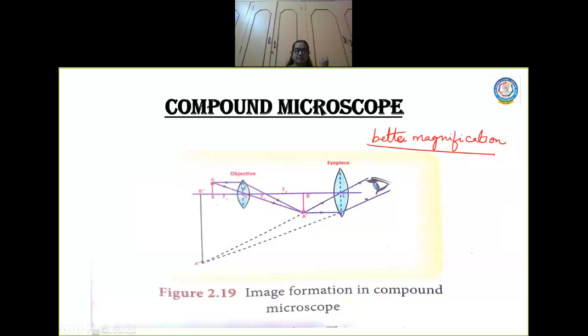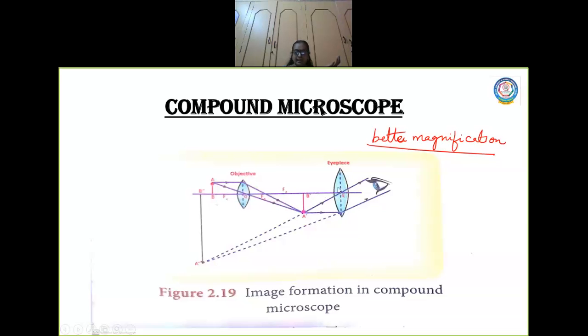The focal length is shorter, and this lens is called the objective lens. It is kept near the object, right? So hence this lens is called an objective lens. Since it is kept near the object and its focal length is very short, it is called the objective lens. And this is called the eye lens.